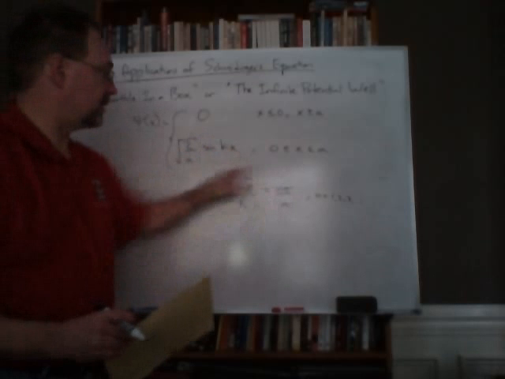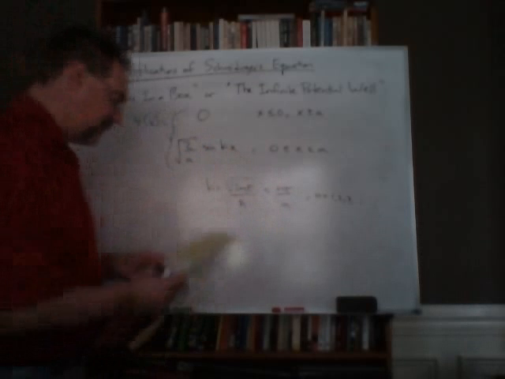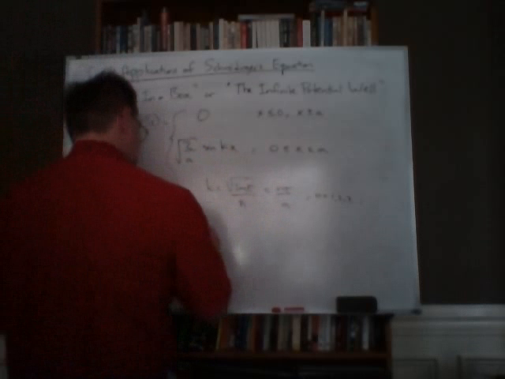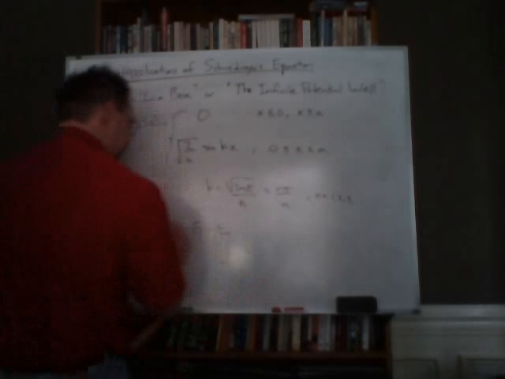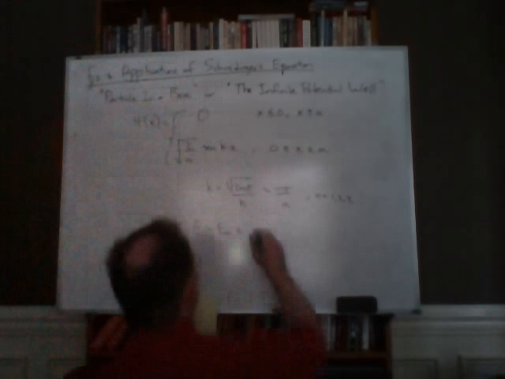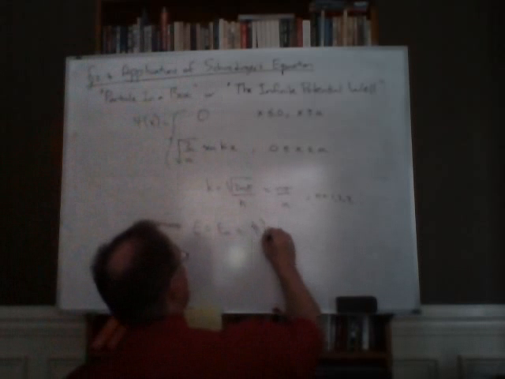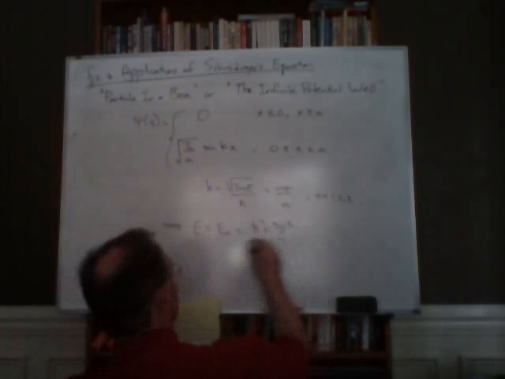Solving this equation for E, we find that E sub n is equal to h bar squared, n squared, pi squared over 2ma squared.